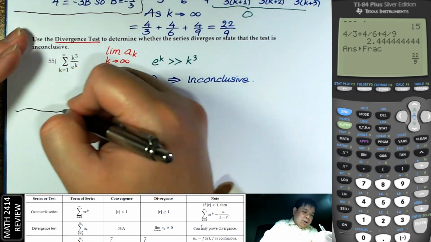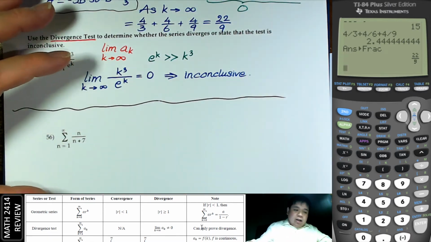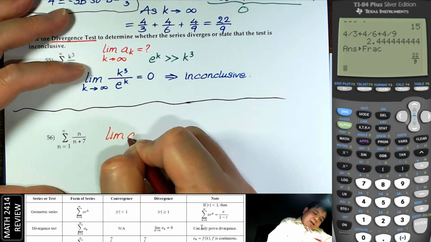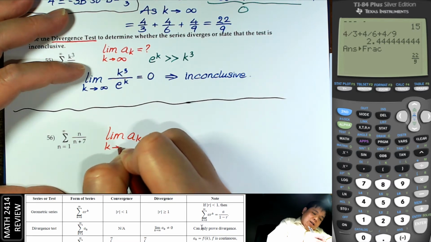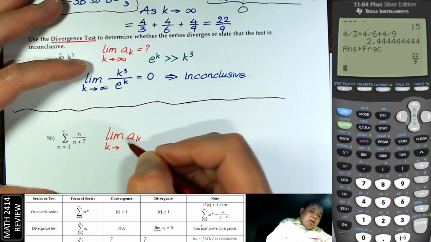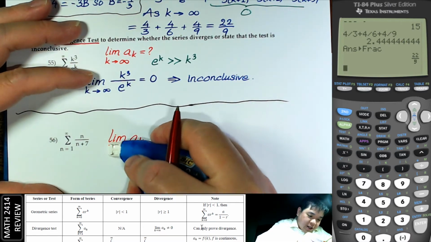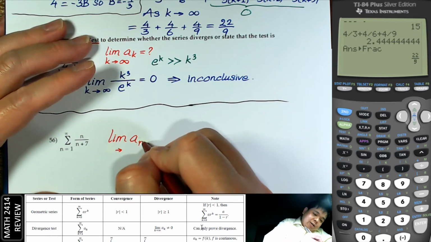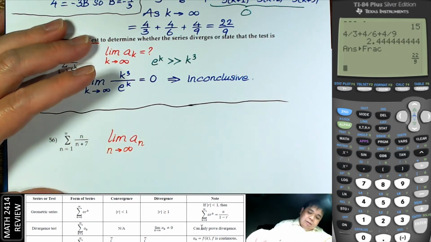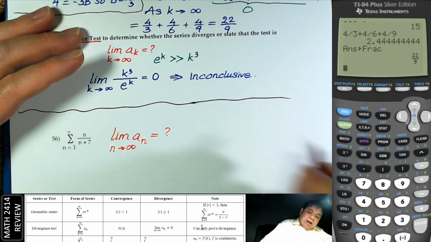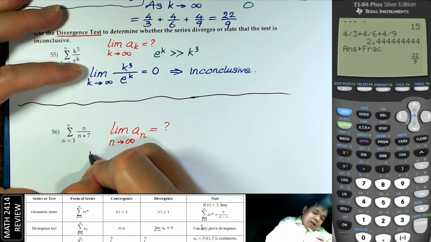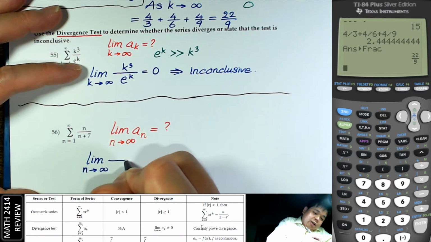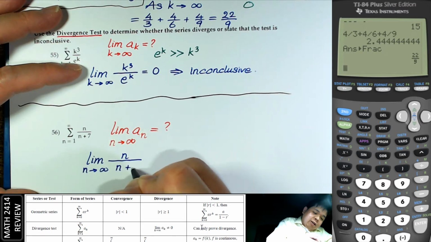Right, to the next one. Now, as always, we try to find the limit of the sequence. This is n, right? So use n. We need to find that limit, and so we write the limit as n goes to infinity of n over n plus 7.